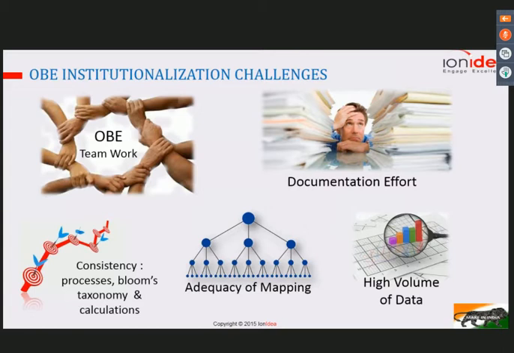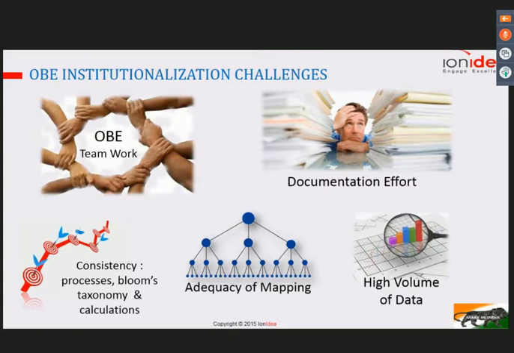Again, we have to map our individual course outcomes towards the program outcomes, based on correlations, that is high, medium, low, or 1, 2, 3, as we call it. Maintaining that mapping for all the courses in the programs is a very hectic part for every faculty. So if we have any automation tools to map this adequacy of the mapping, that will be very helpful.